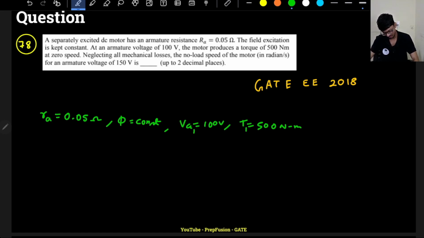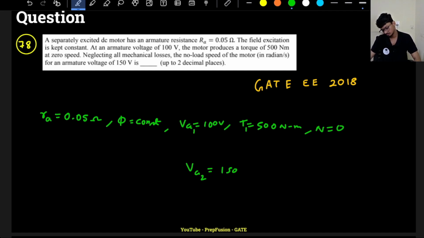So N is 0. Assuming initially zero speed, of course it will accelerate. Neglecting all mechanical losses at no load, what will be the speed of the motor at an armature voltage of 150? That is what they are asking.